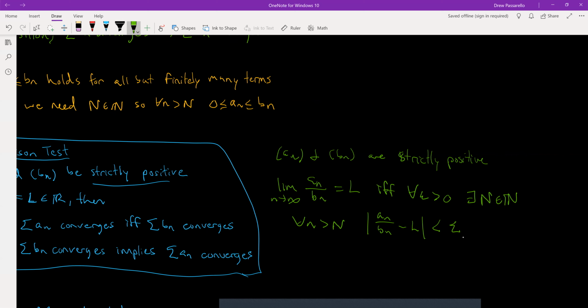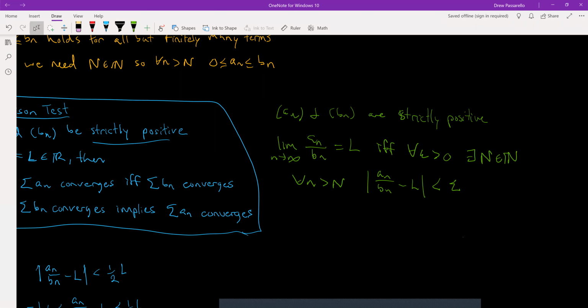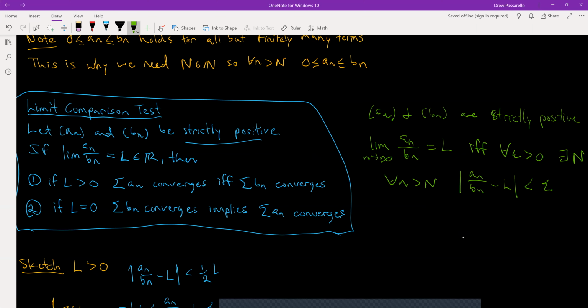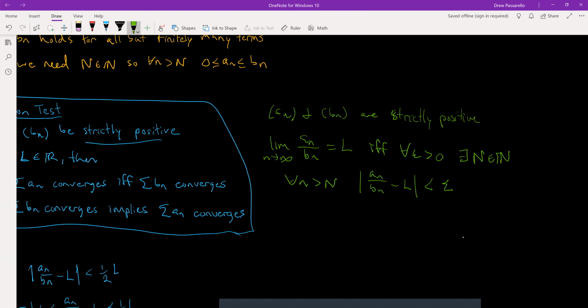All right, so since that's true for any epsilon, and we are also assuming L is greater than 0. So if L is greater than 0, that's a real number greater than 0. Then L over 2 is also greater than 0.